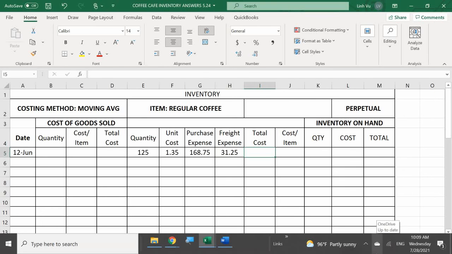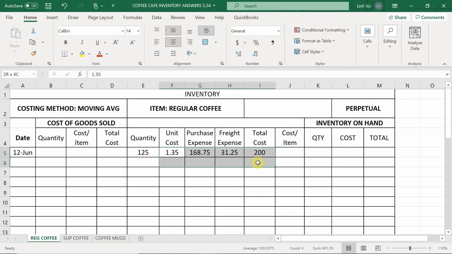So therefore, what is my total cost here? I got 200. Good, 200. Okay.